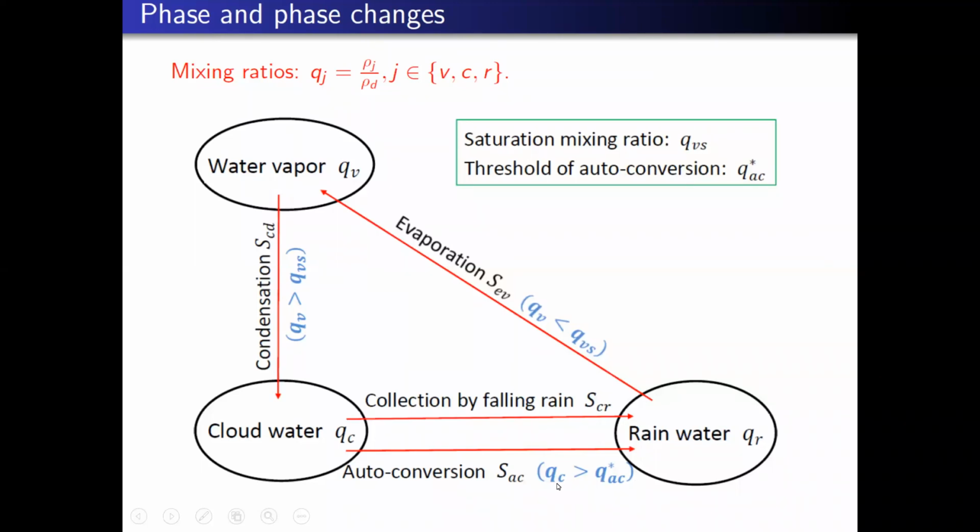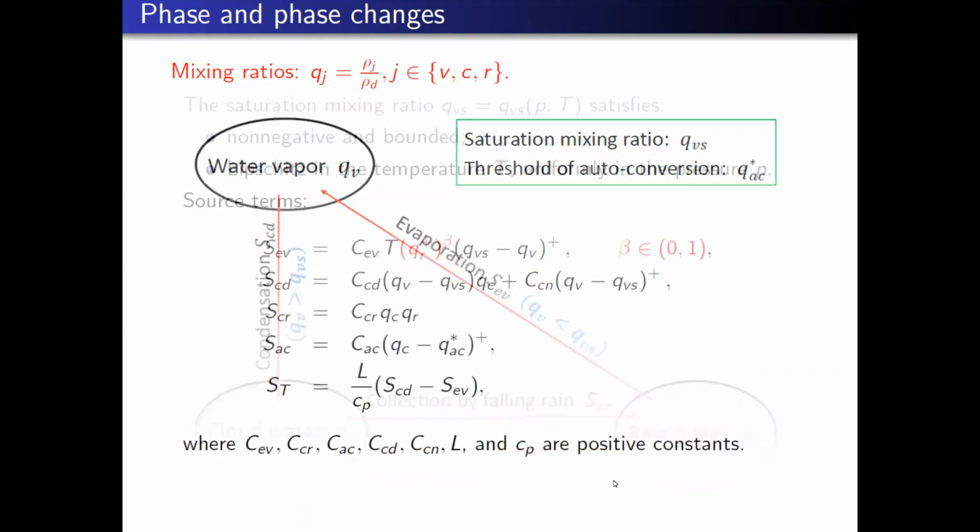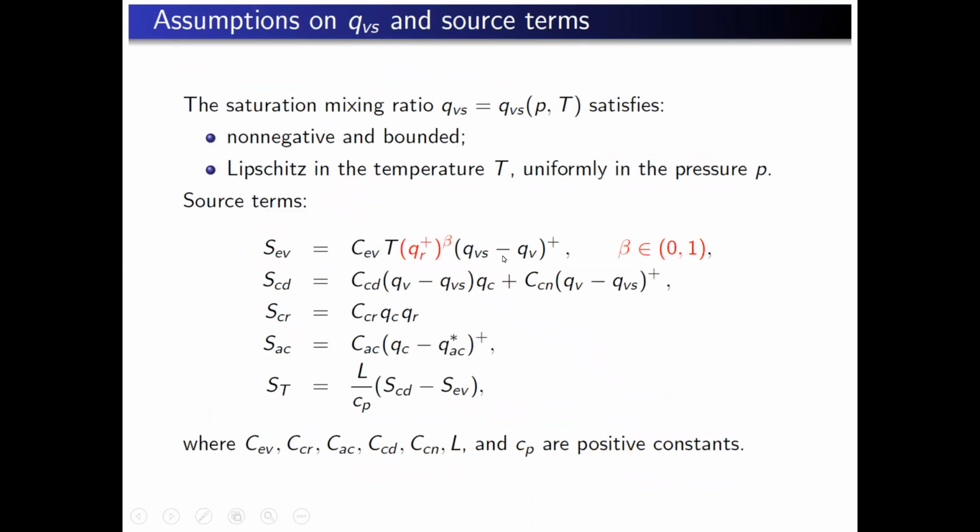It is 0, or when you are above, then you take that into account. This manifests itself in the quantity (q_vs minus q_v)^+. So when this is negative, it is 0, so there is no source into the evaporation, and so on and so forth. That explains where these kinds of terms come from.